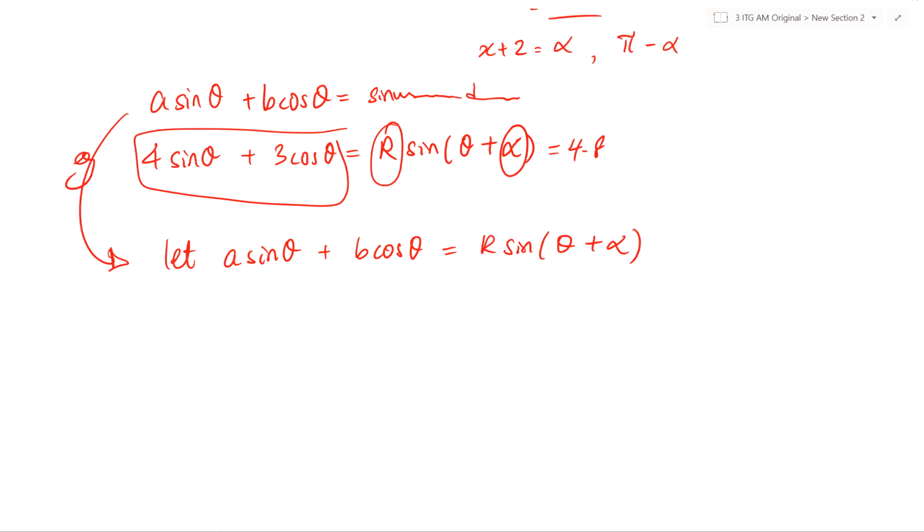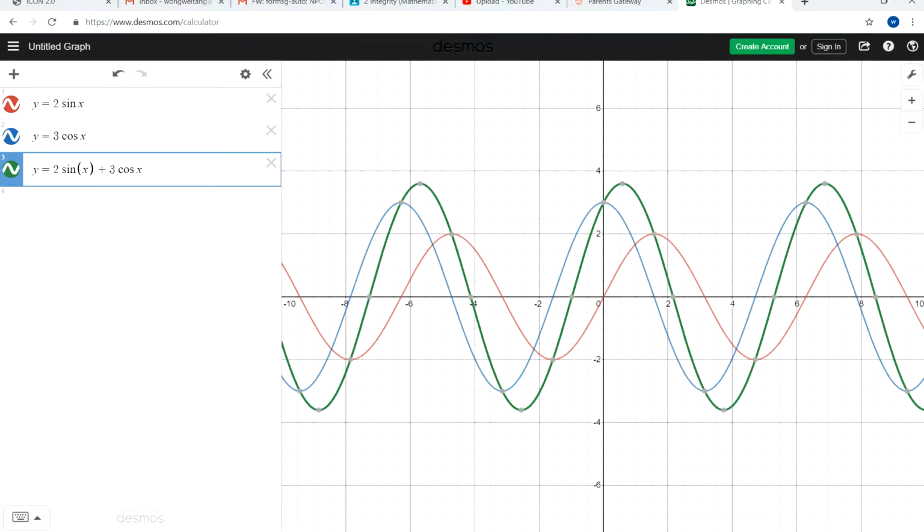Over here, in the green graph, what do you think is the amplitude? This is 2, this is 3, and this is 1. This is not exactly 3.5, but it's greater than 3. We all can tell that, right? It's greater than 3. This is 3 over here, this is 4. It's greater than 3. Apparently, I'm able to find out the amplitude by taking the sum of the red graph and the blue graph.